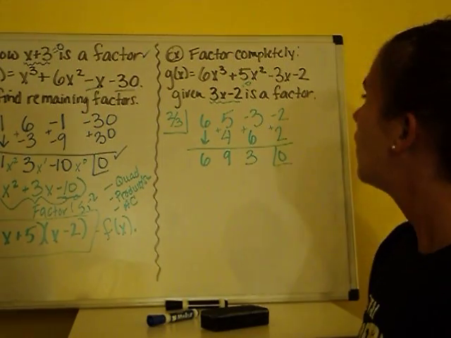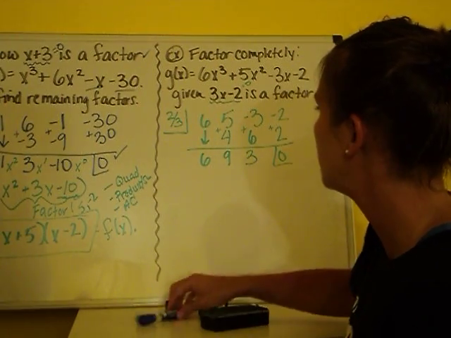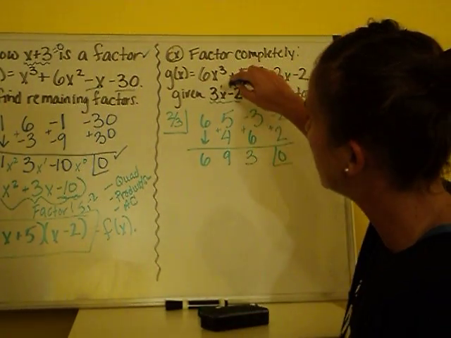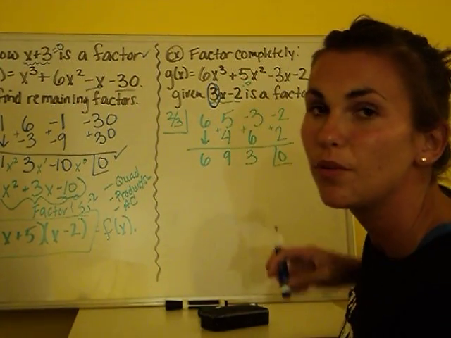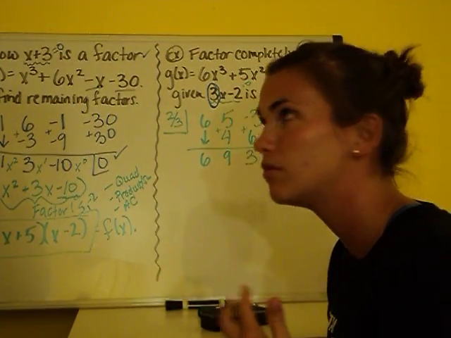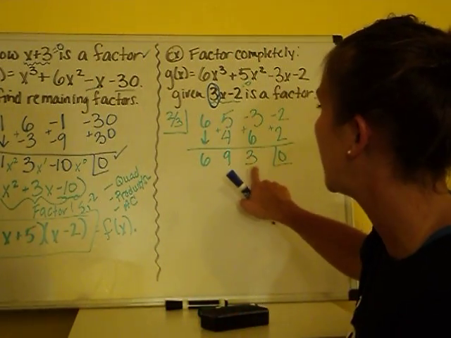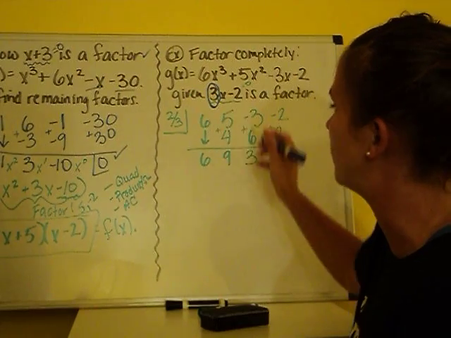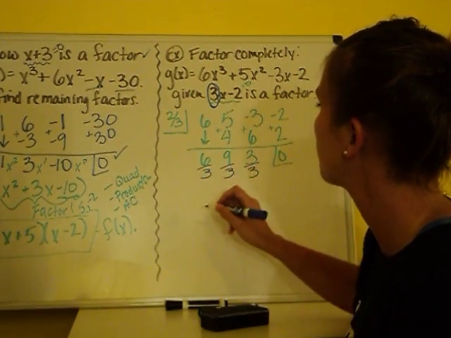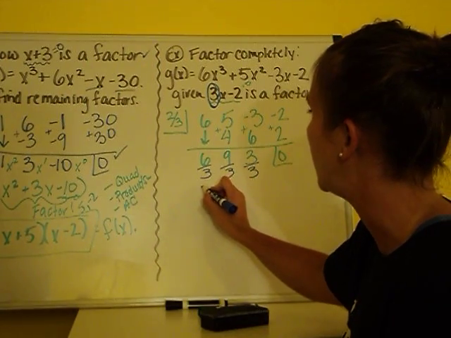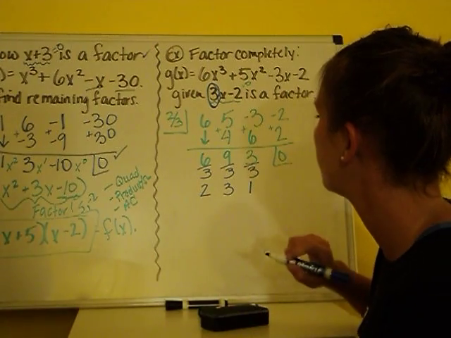Yay! Okay, now the one big difference here is that we need to fix this because of this coefficient right here. Before I can rewrite my new polynomial, I have to divide all of these numbers by that coefficient. So I'm going to divide this by 3, this by 3, this by 3, which is going to give me a 2, a 3, and a 1.